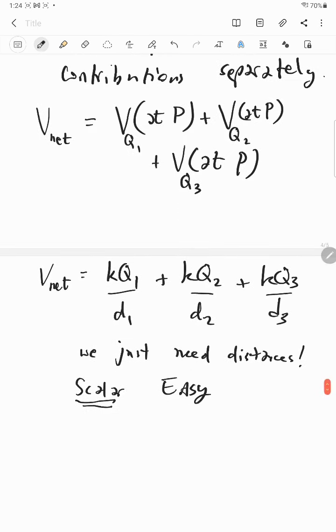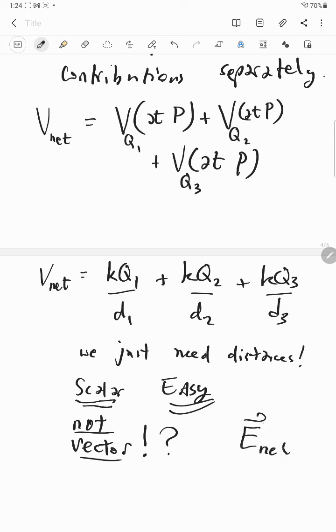The thing about the electric potential is the problems tend to be kind of easy in the sense that we're not dealing with vector components. When we were talking in terms of electric fields and the net electric field, we used the superposition principle, but you had to do it according to components.